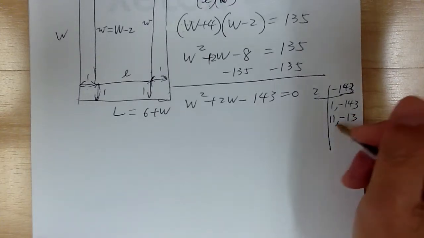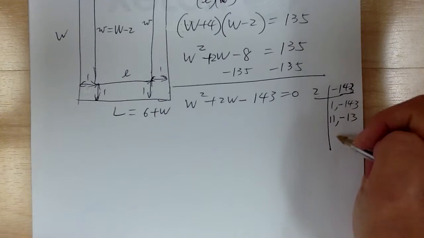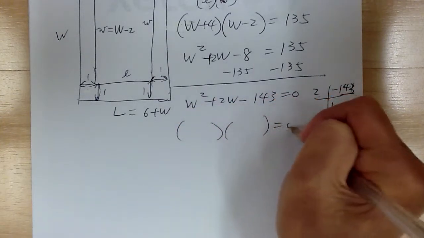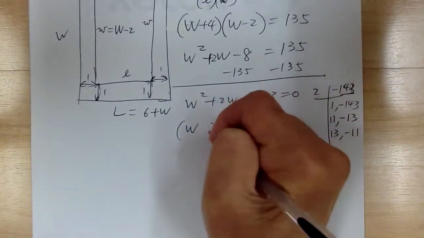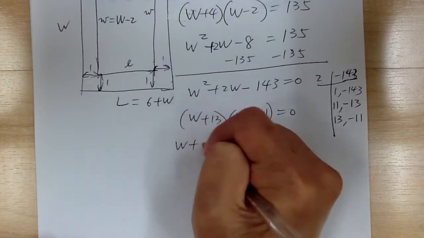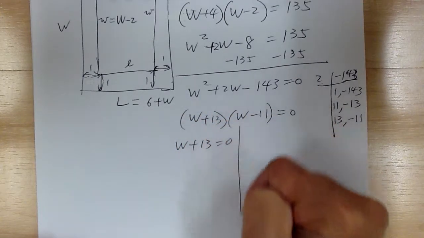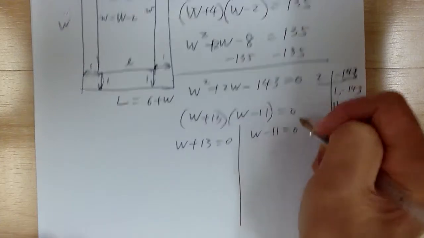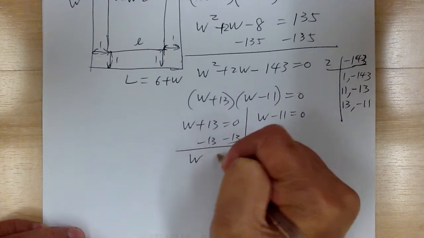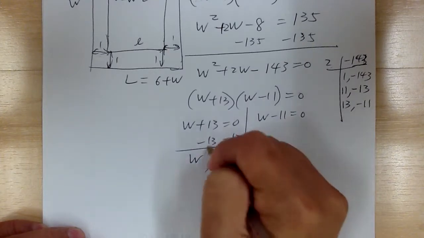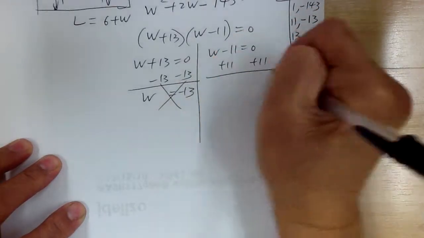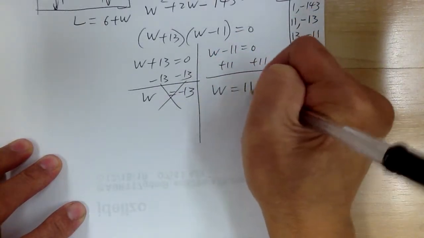Okay, and from here you can see that the numbers are correct, the sign is wrong, so you need to get 13, negative 11. So you're going to get W plus 13 times W minus 11, set equal to 0. Minus 13 on both sides, so W equal to negative 13, so this one is no good. Okay, over here you plus 11 on both sides, so you got W equal to 11.